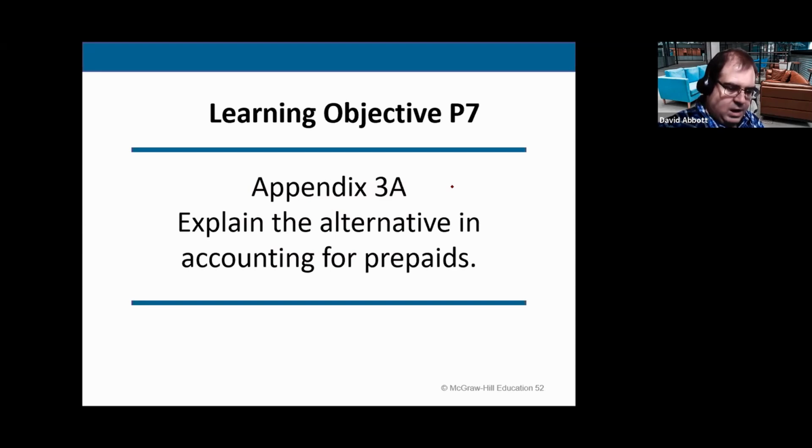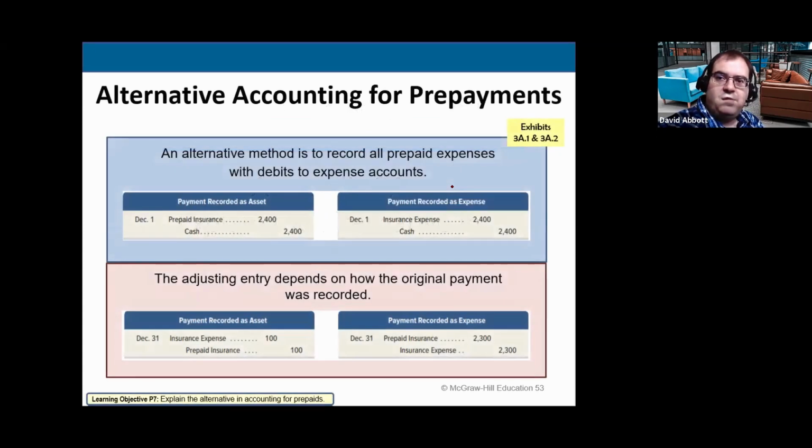All right, and then we're going to talk about Appendix 3A, which is an alternative accounting for prepayments. An alternative method is to record all prepaid expenses with debits to the expense account, which is not how we talked about it.